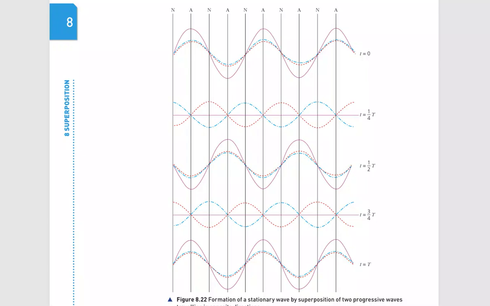It means the stationary wave doesn't appear in this quarter period. It's just minimum displacement, all zero. No wave we can see here, because the superposition of the two waves cancel each other out. So no stationary wave here in the quarter period.